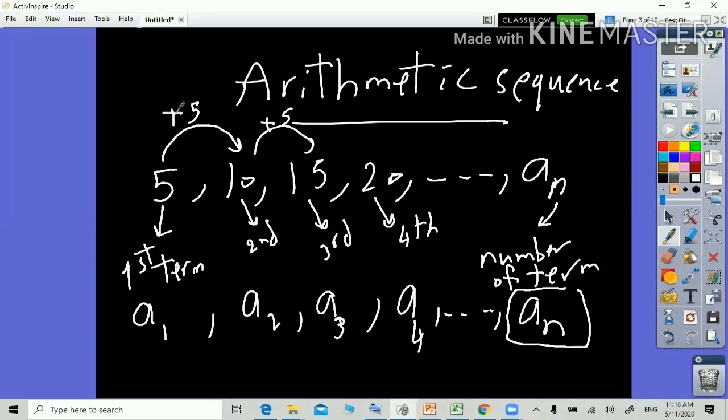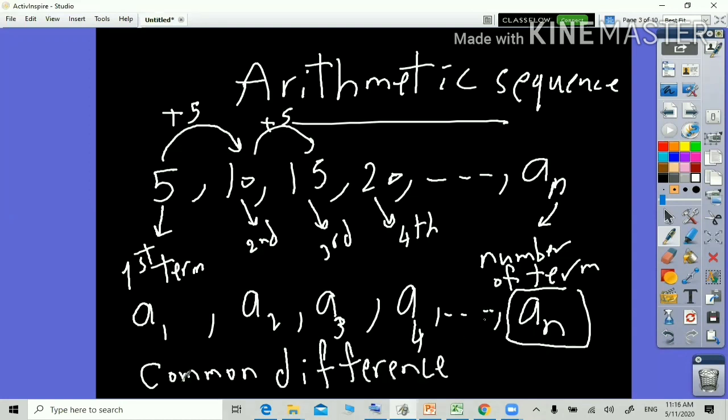That 5, the number I add each time, or in another question the number I subtract, is called the difference, or common difference. Will I write common difference each time?